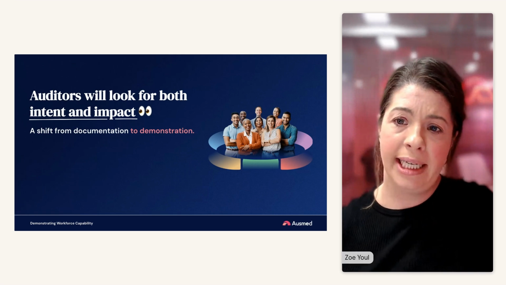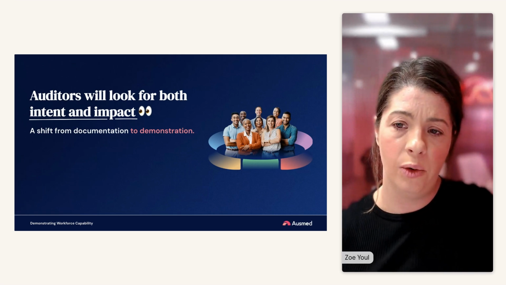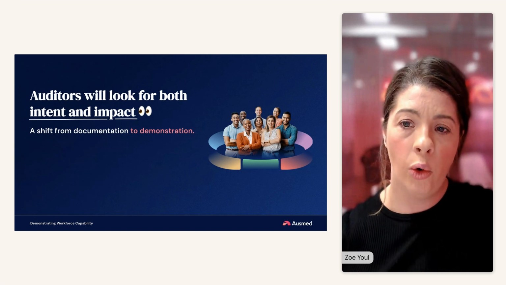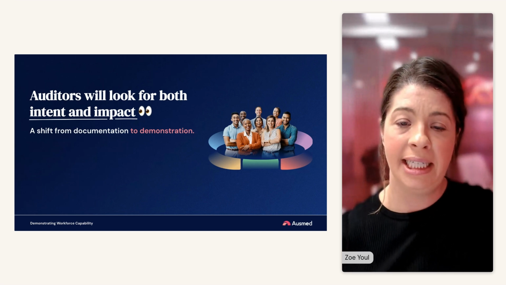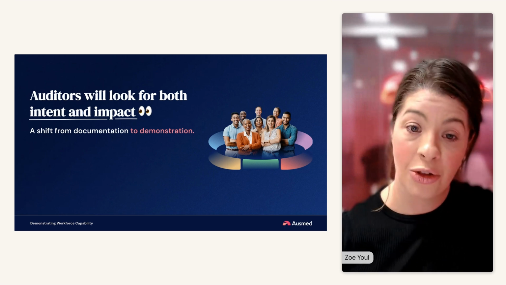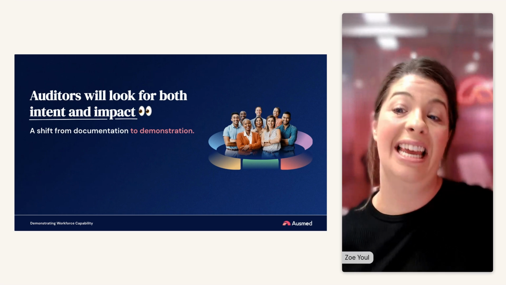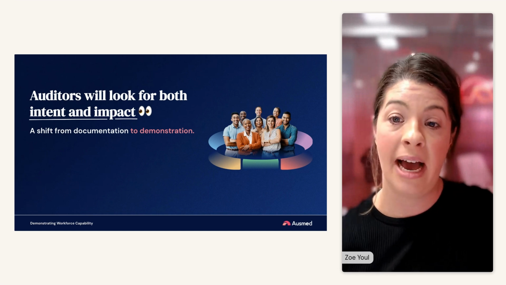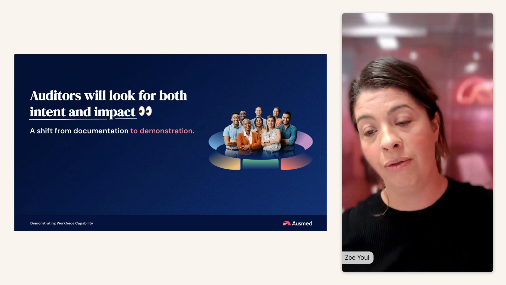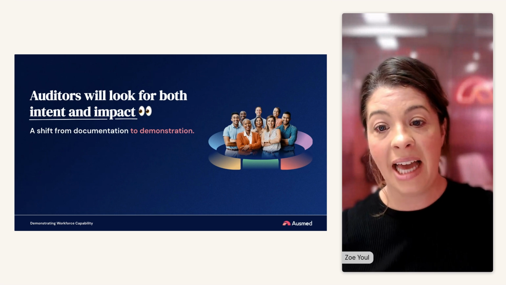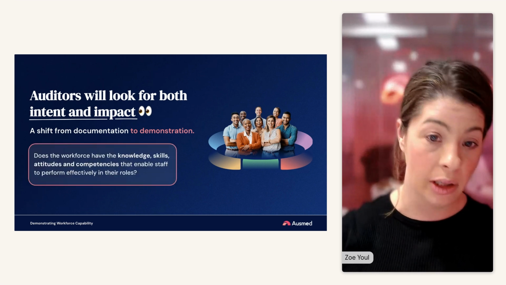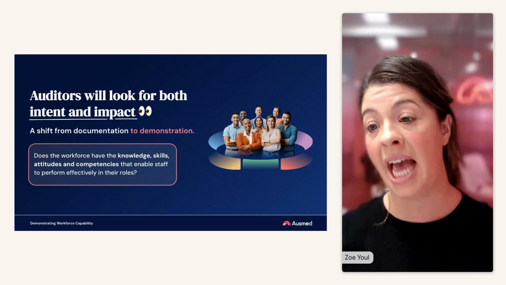So a key message to reinforce when it comes to workforce capability is that auditors will look for both the intent, what you want to do, what you're planning to do, what you're trying to do, and the impact. Not just what you're saying you do, but is that actually happening on the floor? Is there actual evidence to show that your workforce has the knowledge, the skills, the attitudes, and the competencies?